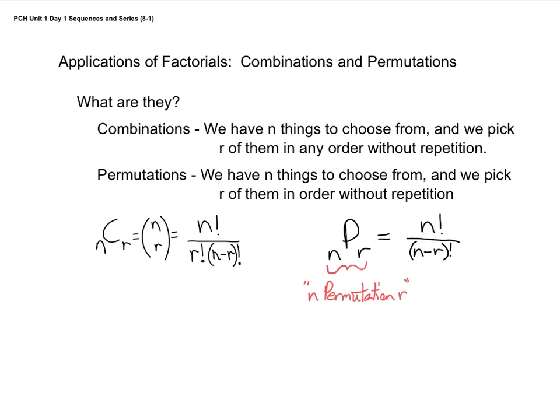That means you have a total of n things, but you only care how a certain number of them are arranged. For example, in the Olympics we just had, you'd have 8 people running in a race. We really could care less about 4 through 8. We just care who got the gold, silver, and bronze, right? So we only really care about the top 3.